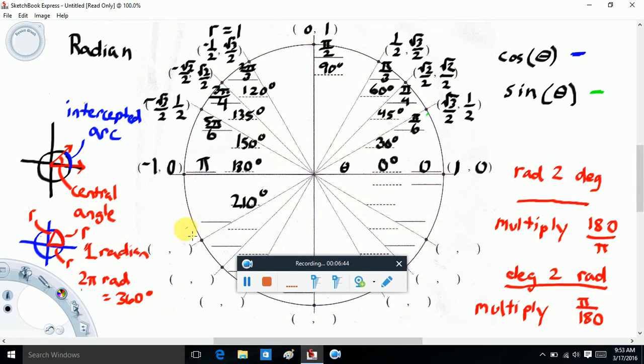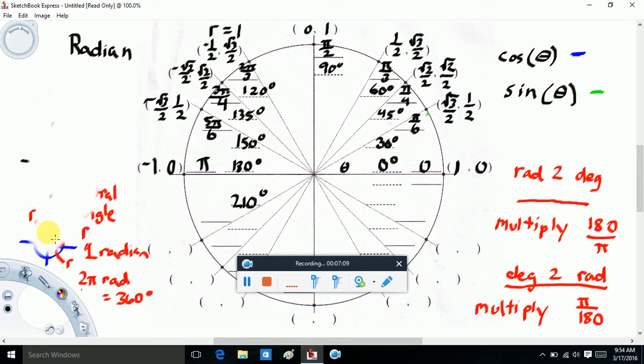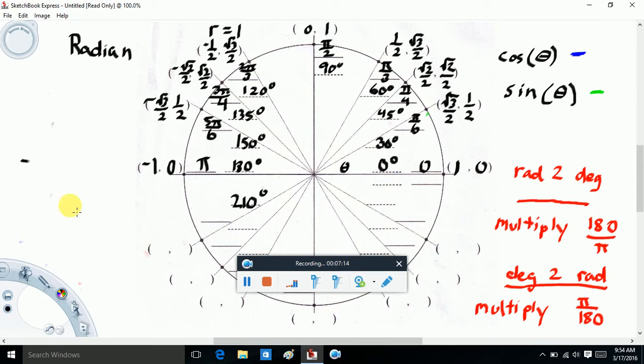Again, I'm trying to convert 210 degrees to radians.